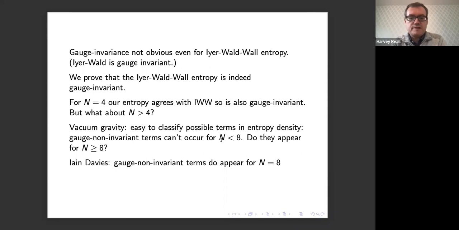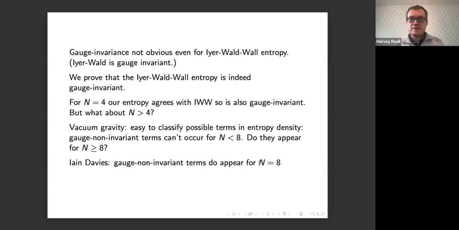And so do they appear? We had to do a calculation to investigate this. This involved some fairly heroic computer algebra work by my student Iain Davies. And he's confirmed that gauge non-invariant terms do indeed appear at 8 derivatives.